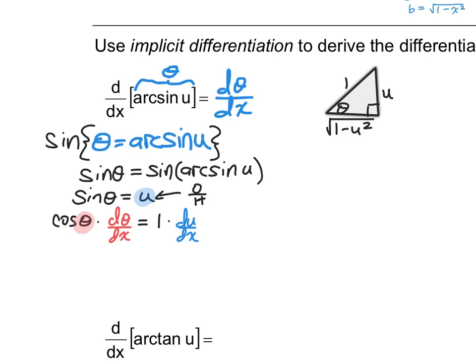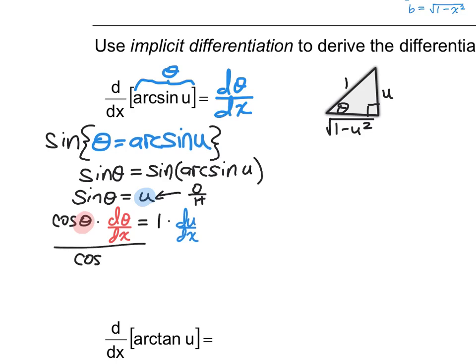So we're pretty much there. It just doesn't seem like we would be. I mean, it looks like a mess. But we want to get d theta dx, right? So let's get that cosine of theta over to the other side.